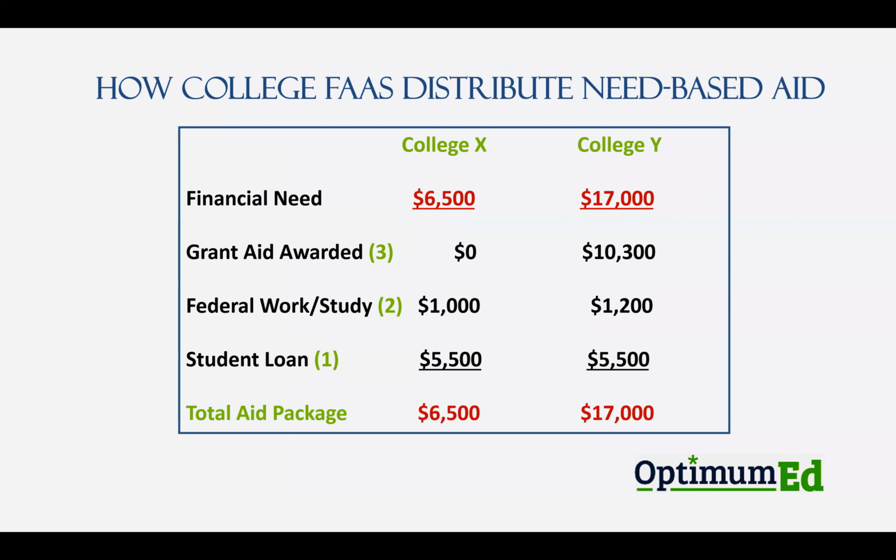The more the school costs, the more grant money you stand to receive after they've gone through the Stafford loan and the federal work study. So here's an example of two colleges where you end up getting more grant money, though it costs more to go there. But again, your need-based eligibility has to be addressed.